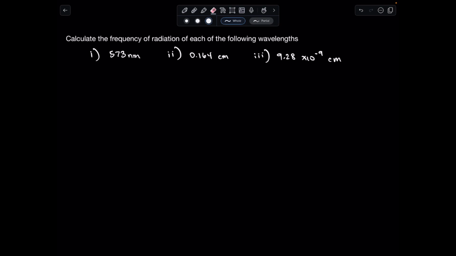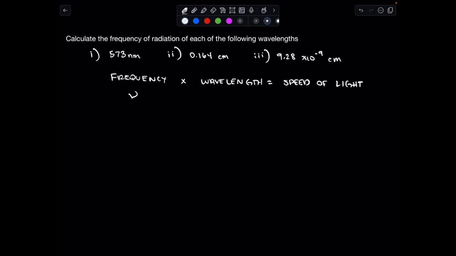equation for each of these examples, which is frequency times wavelength is equal to the speed of light. In terms of symbols, this is going to be nu, which is in units of per second or 1/s.